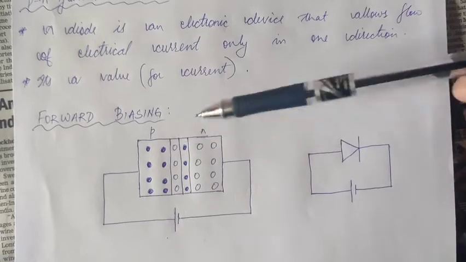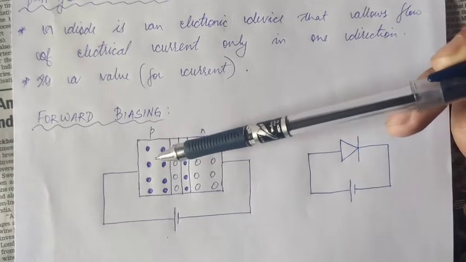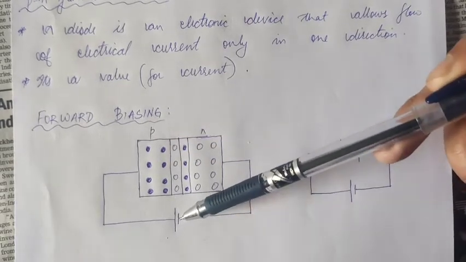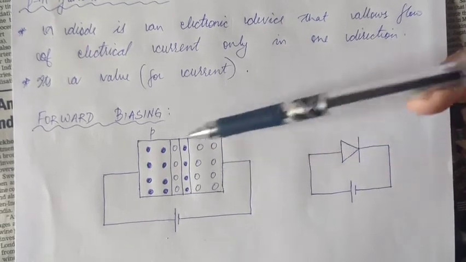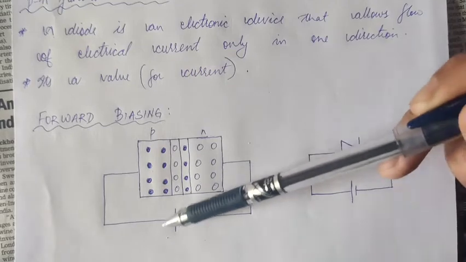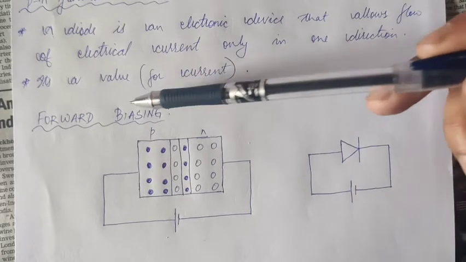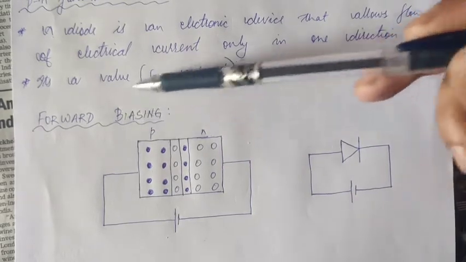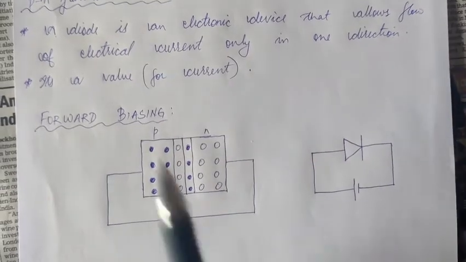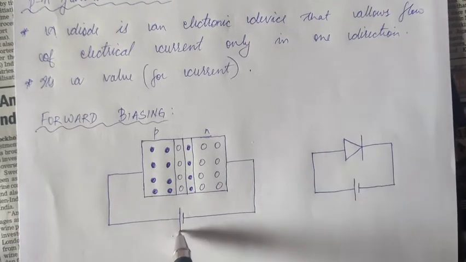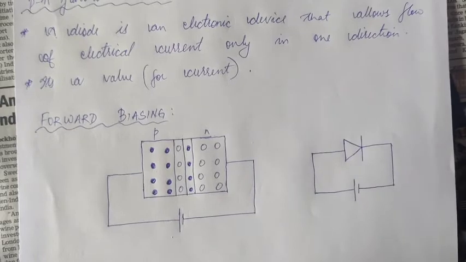If the positive terminal of a battery is connected to the p-type of the semiconductor and the negative terminal is connected to the n side of the semiconductor, then this type of connection of the battery to the p-n junction is what is called forward biasing. So if positive terminal is connected to the p side and negative terminal to the n side, this is called forward biasing of the diode.